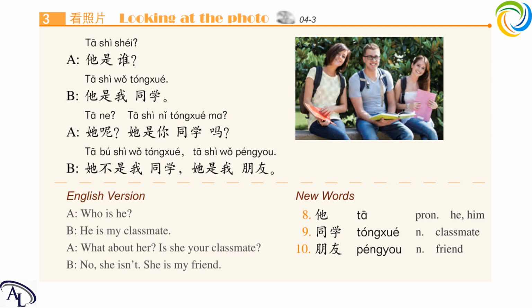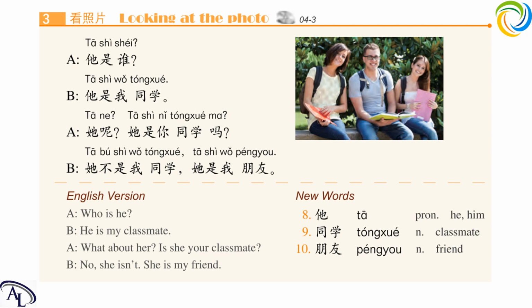Next sentence. 他呢? We learned 呢 is used to ask a question mentioned before, right? And before we are asking about someone's identity, right? And this identity question is about her.